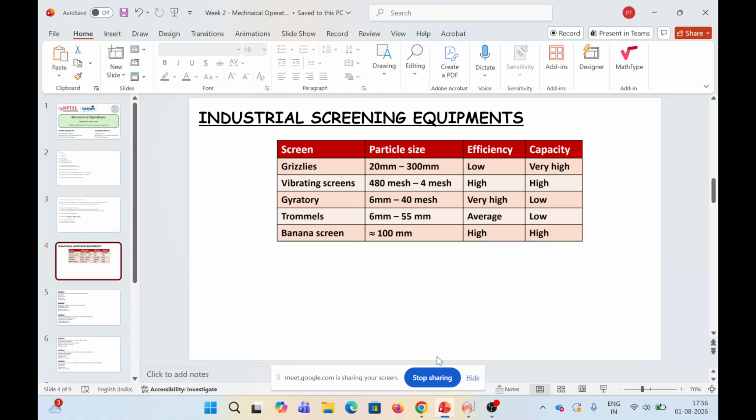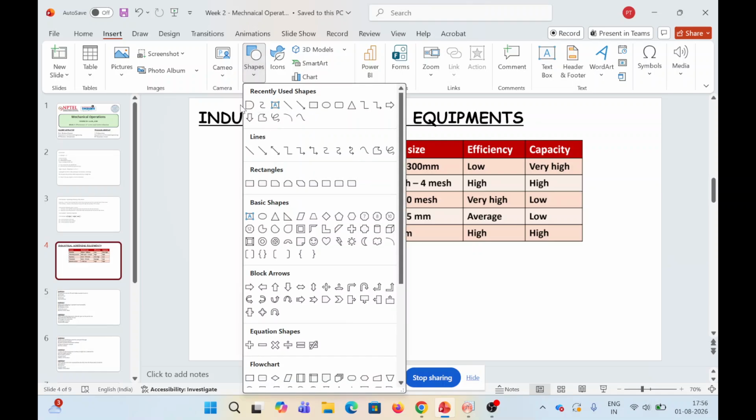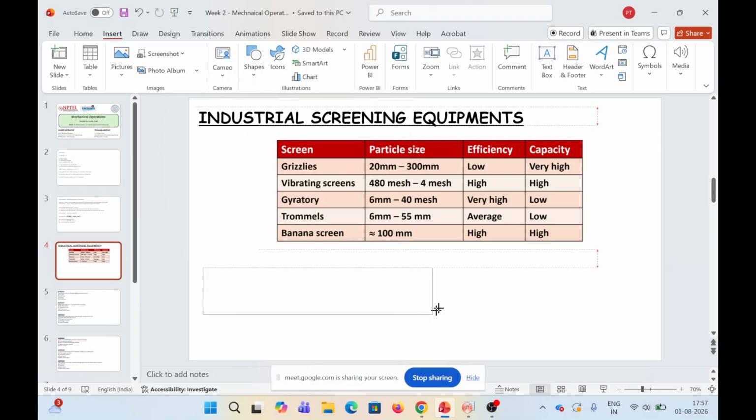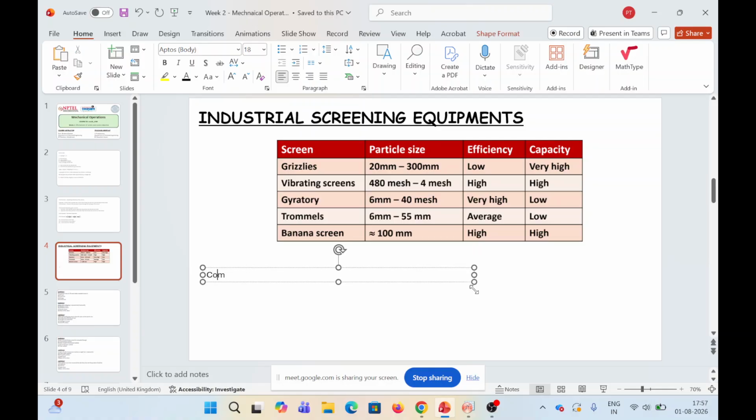So next we go for another very simple concept, which is called the comminution method. Any idea what the term comminution means?